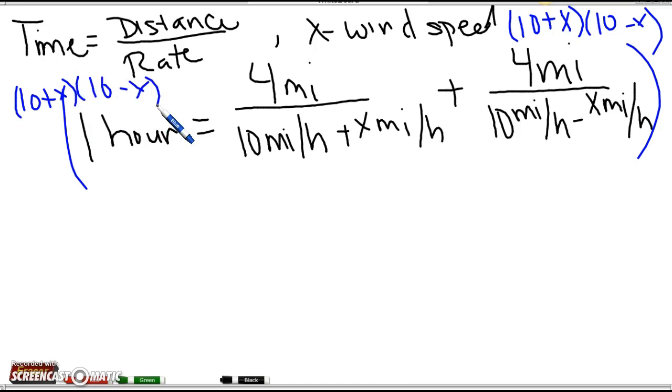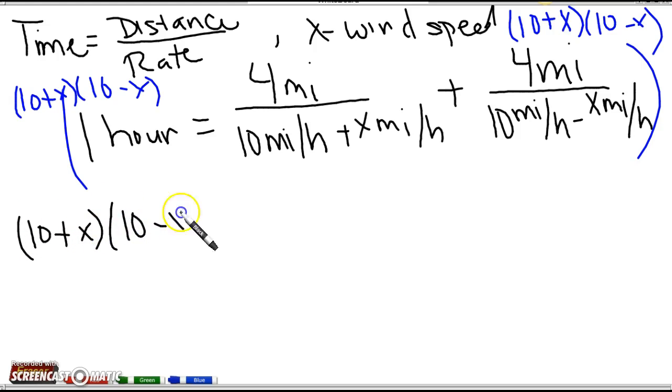When I multiply that through, for the first one, 1 times 10 plus x times 10 minus x is just 10 plus x times 10 minus x. Now, this is miles per hour, and this is hours, so my hours would have canceled out, and I'll be left with just miles.